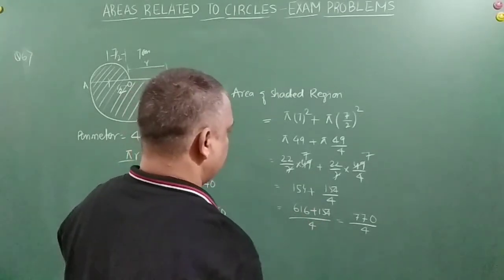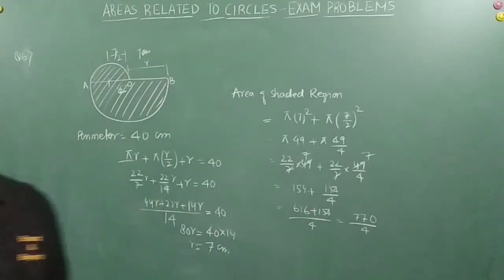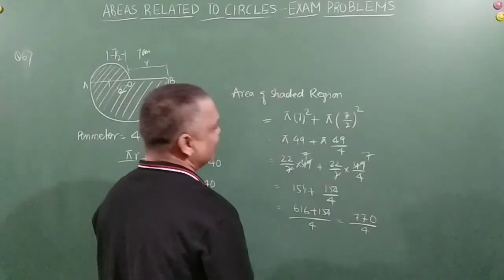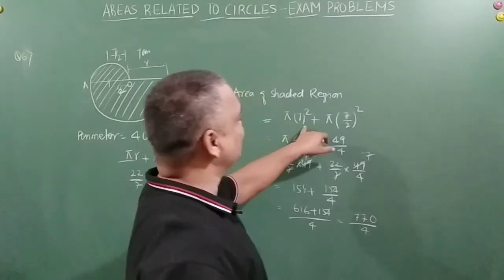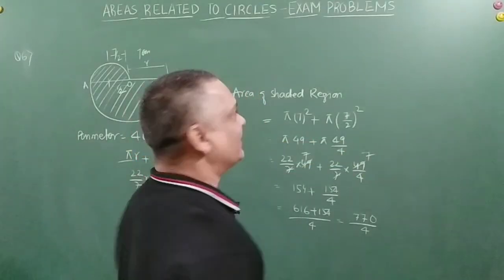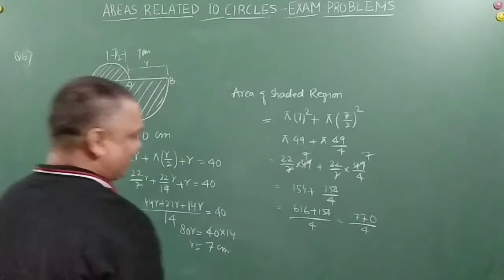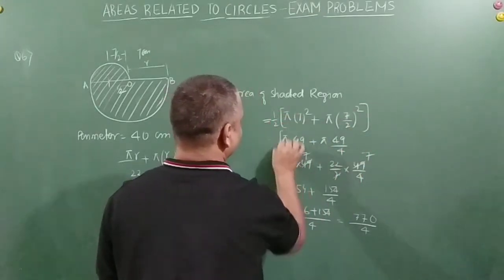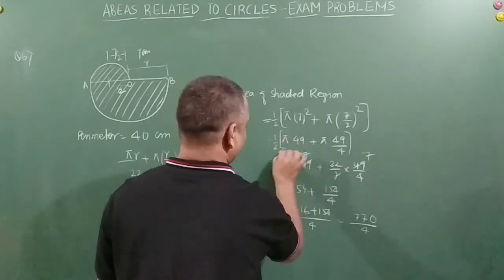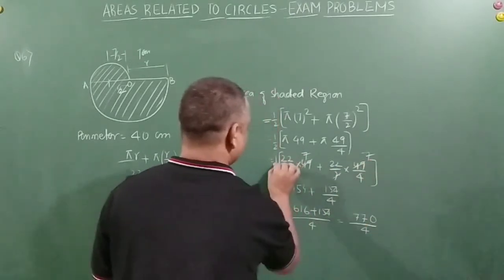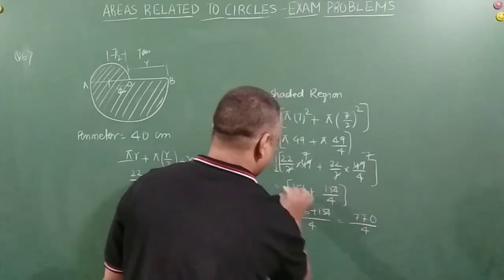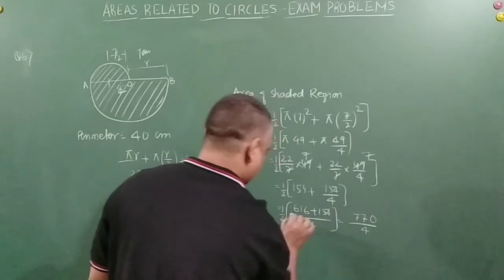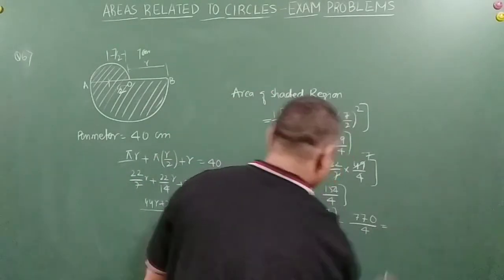One second, friends. So see this, what I have taken is pi r square and pi r square both sides, but I forgot to take that this is a semicircle. So half will be coming outside. So I will maintain it like this only, and lastly I will open it up, right? So this becomes how much?